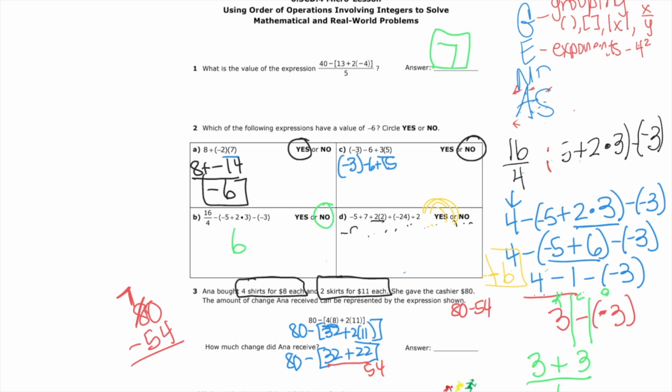So 10 minus 4 is 6, and 7 minus 5 is 2. So how much change would she receive from her $80? She's going to receive $26. All right, and that is how you would use order of operations to solve mathematical and real-world problems.